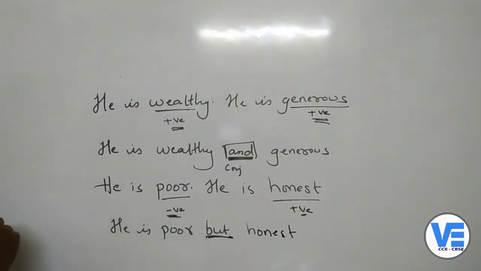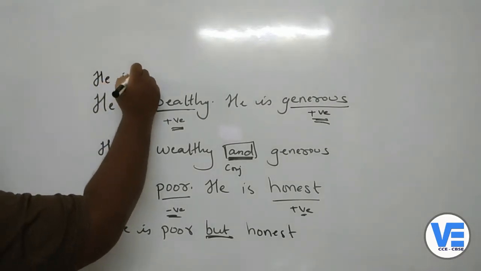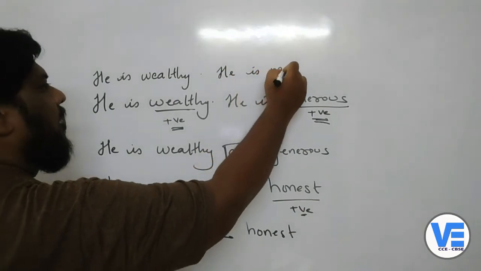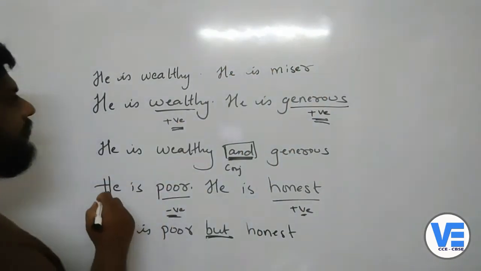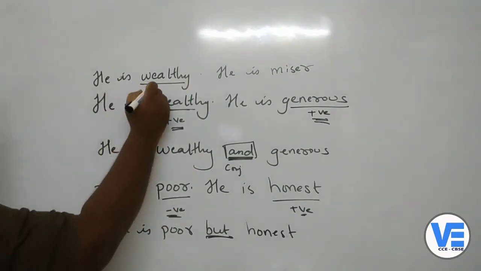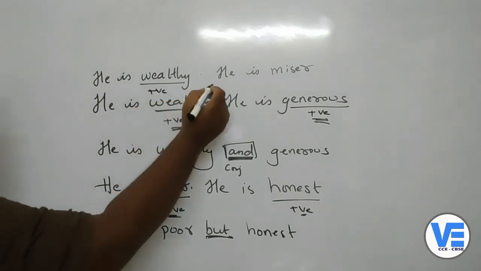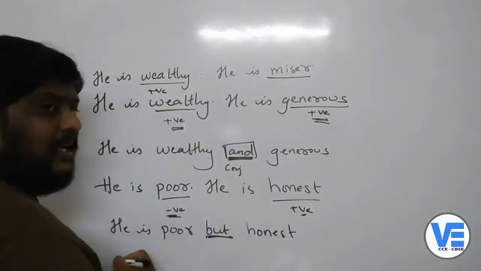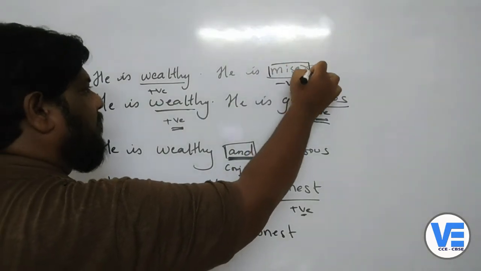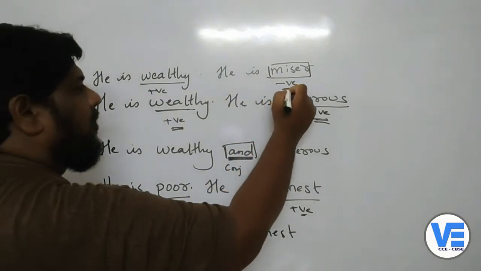Now let me tell you one more example. He is wealthy. He is miser. Now coming to wealthy, is it a positive sign or a negative sign? It is a positive sign. When you come to miser, is it positive or negative? Yes, it is a negative sign. We should not be a miser, we should be generous, so it is a negative sign.